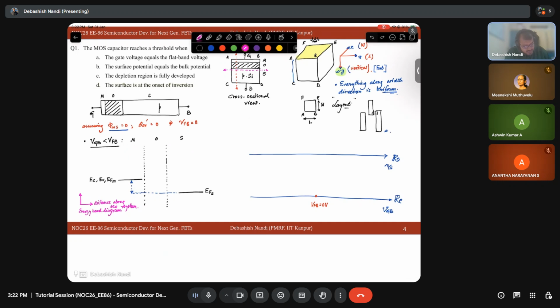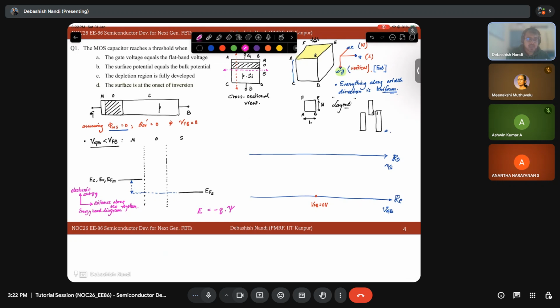And what about y-axis? Y-axis is nothing but your electronic energy. Yes, sir. So electronic energy relates to potential how? It is minus of q times potential, right?